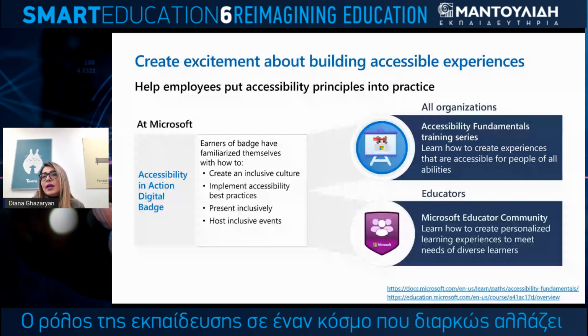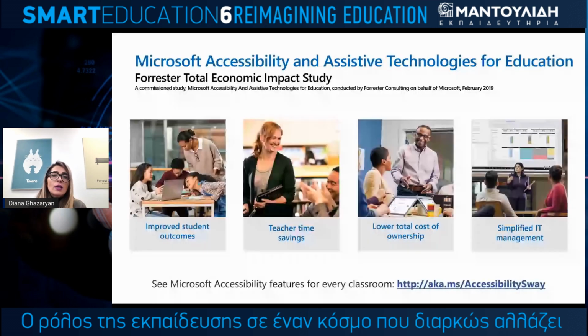I myself, before getting into the committee, I didn't really realize what is the difference in the accessibility. So again, the questions, it's all about the experience. So in terms of Microsoft and how it really helps decreasing the costs, improving the student outcomes, there was a research done with Forrester. 5,000 faculty members were interviewed, and around 90,000 students, both from K-12 and higher ed, to understand what was the impact of these accessibility features that we have in Microsoft.